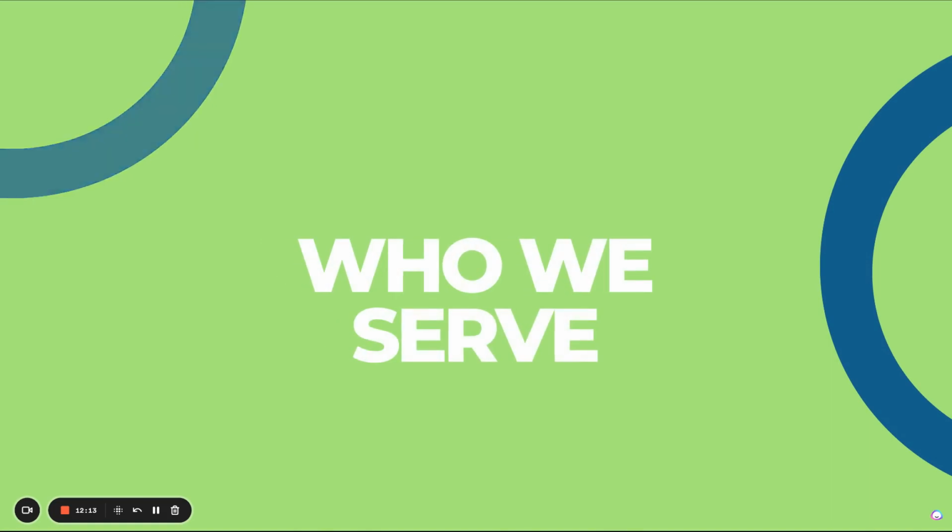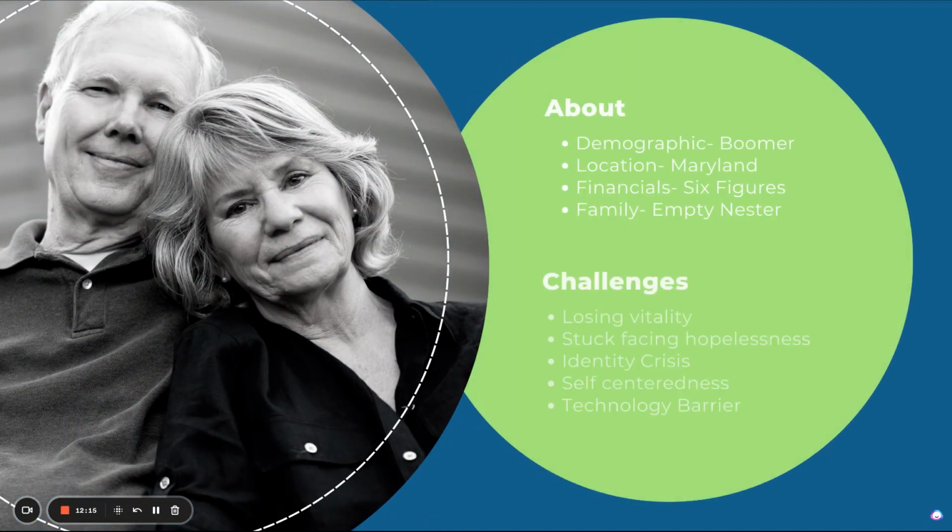Who we serve. So this was what we were able to discover in our breakdown with this church, based off of our ideal disciples. We look at the demographic, which is boomer, located in Maryland, financial 6 figures, family empty nesters. And then we look at the challenges.